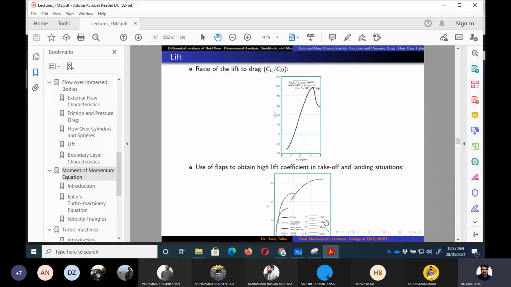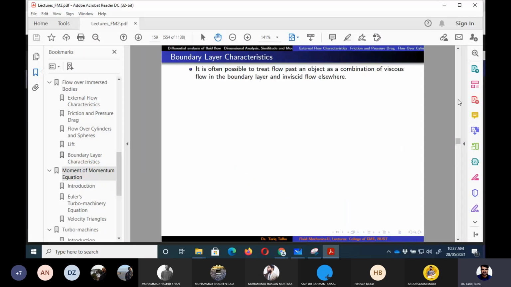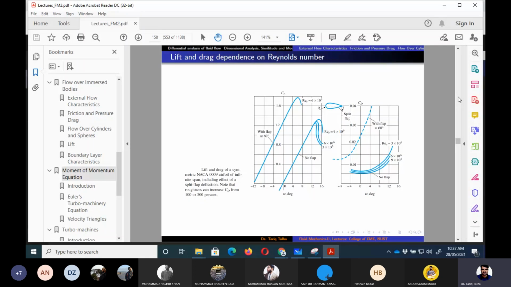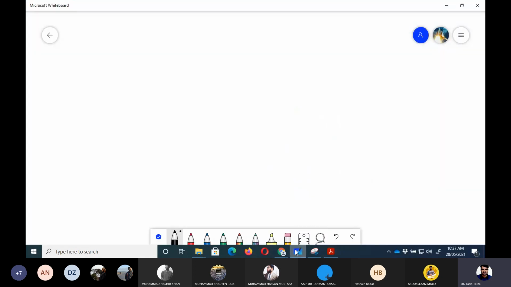But on the other hand, lift would be increased quite significantly. And if we want to decrease lift by use of this flap, we need to make it on the other side, which is upward direction. So we can use this wing flap in the upward position when we are landing. So that is it. Up till now, we have discussed the concept of lift and drag.